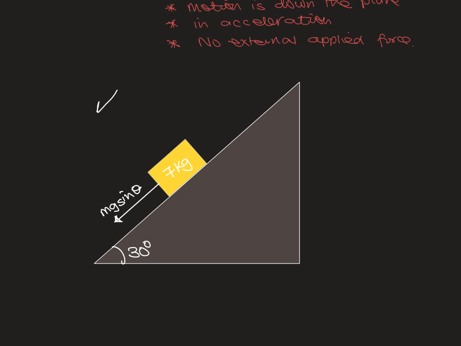We are informed that the body is accelerating down the plane, so the friction has to act in the opposite direction. Now we can indicate the normal reaction and the weight. That is the normal reaction and that is the weight.